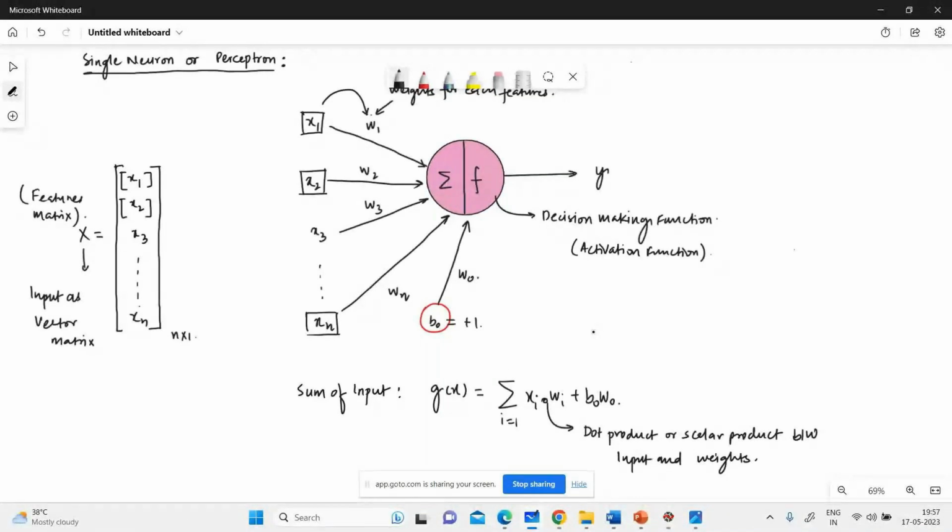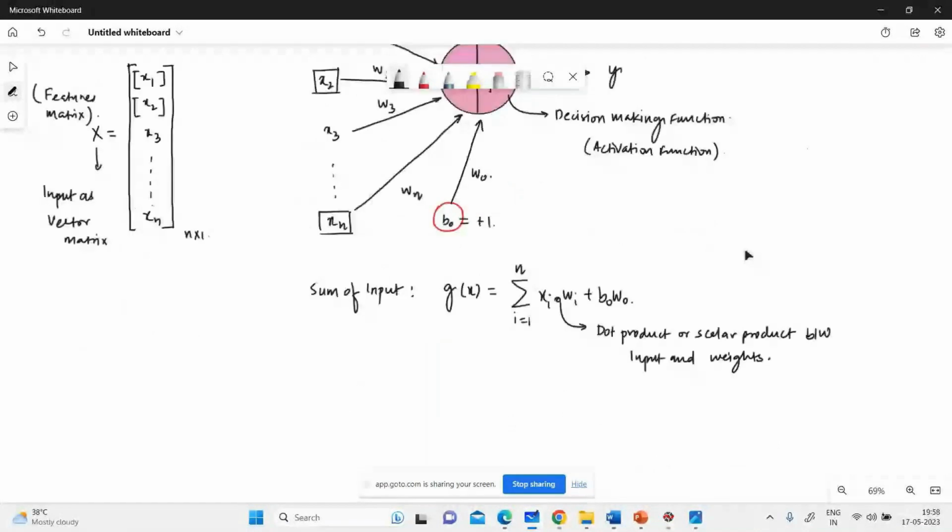Next, remember that x is a vector and w is a vector. So to get a value, we need to take a dot product between them. And remember, here vector indicates dimensionality, right?